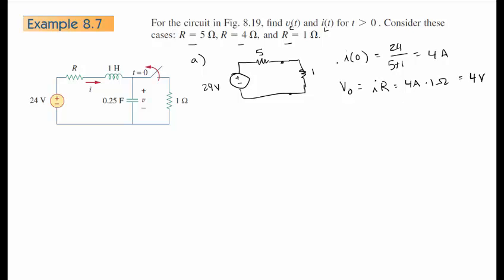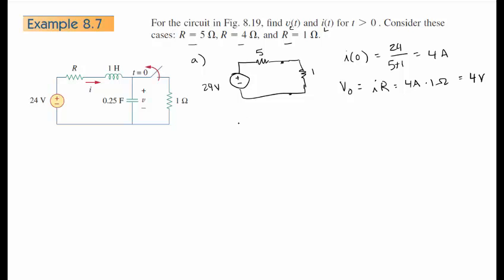So we have those initial conditions, but now for t greater than 0, the switch is opened, which means this 1 ohm resistor is no longer in the circuit. So this part is disconnected from the circuit, and what we have left then is a series RLC circuit that we can analyze.